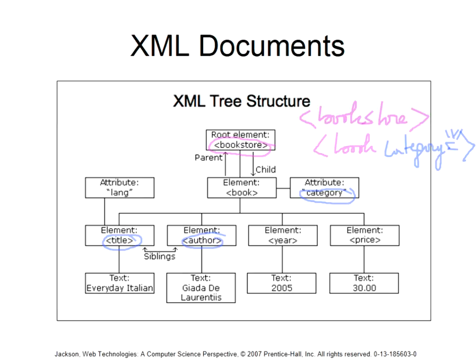The attribute is category, so category is an attribute of book, here with an empty value. Is it clear? Book is the child of bookstore, and bookstore is the parent of book.